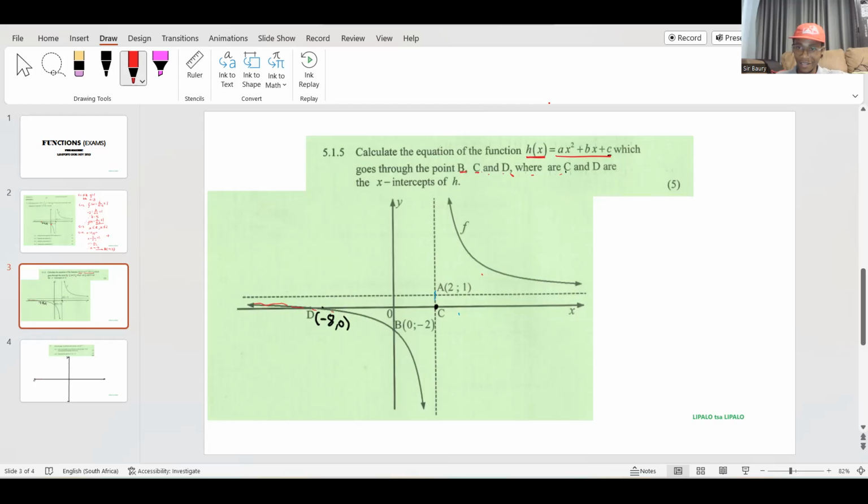We don't care about others. We're here for the maths. So C and D are x-intercepts.